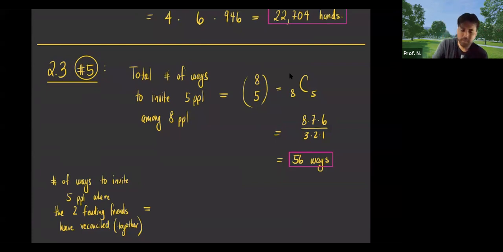So if they're included within the 5 friends, then there's 2 choose 2 ways of selecting those 2 friends, multiplied by, well, how many friends do I have left? If I chose 2 already out of the 8, then there's 6 choices to choose from, and there's 3 people to choose from that group. Do you see that? So it's not the same.